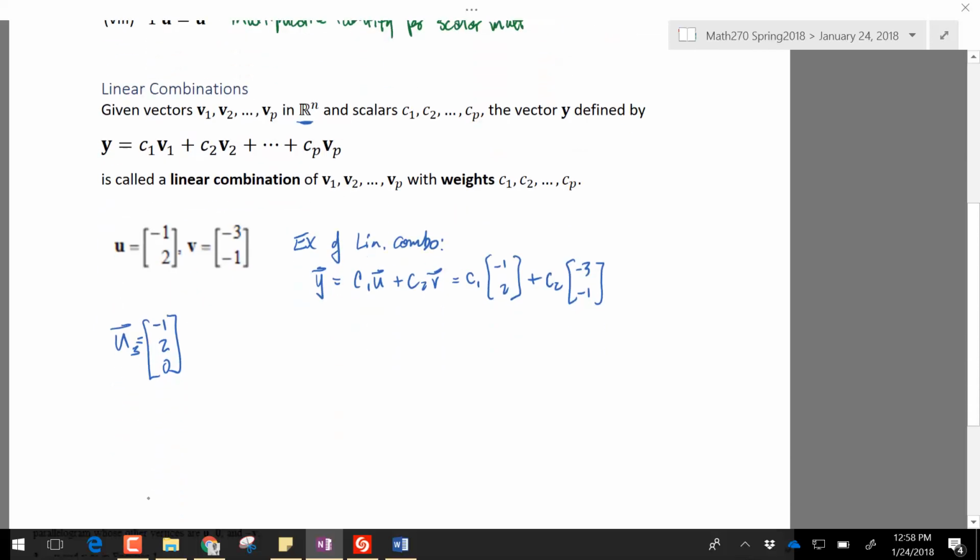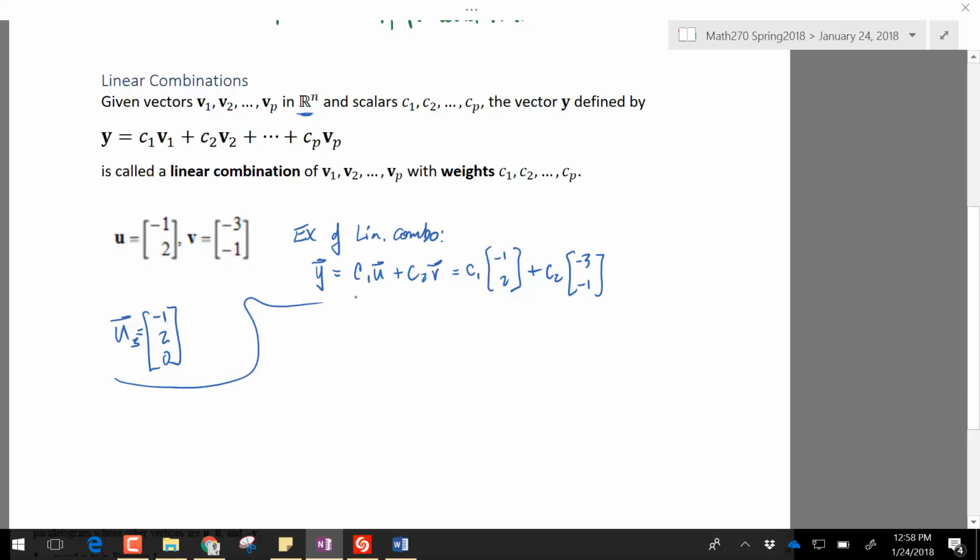So, a more specific example, instead of being so generic, let's multiply u by 3 or something, and then let's multiply v by -2, and let's see how that's going to look. And then we'll take a look at the geometry of this. Is there a question?